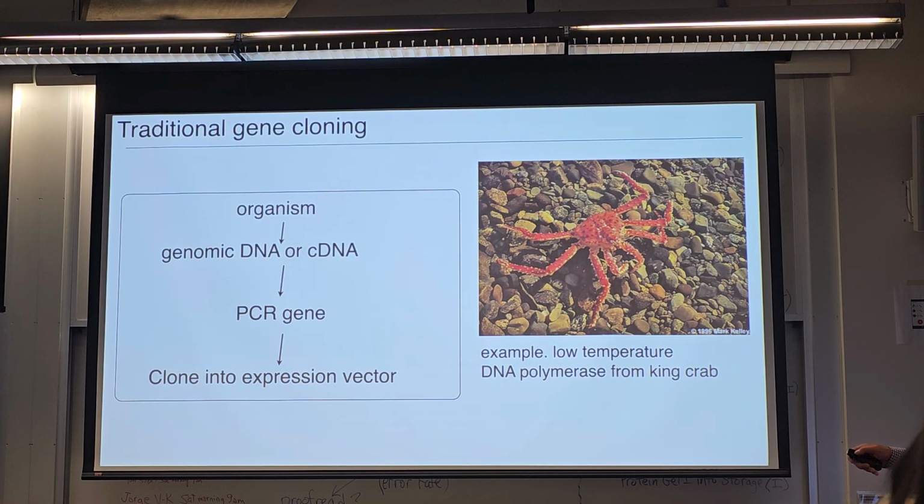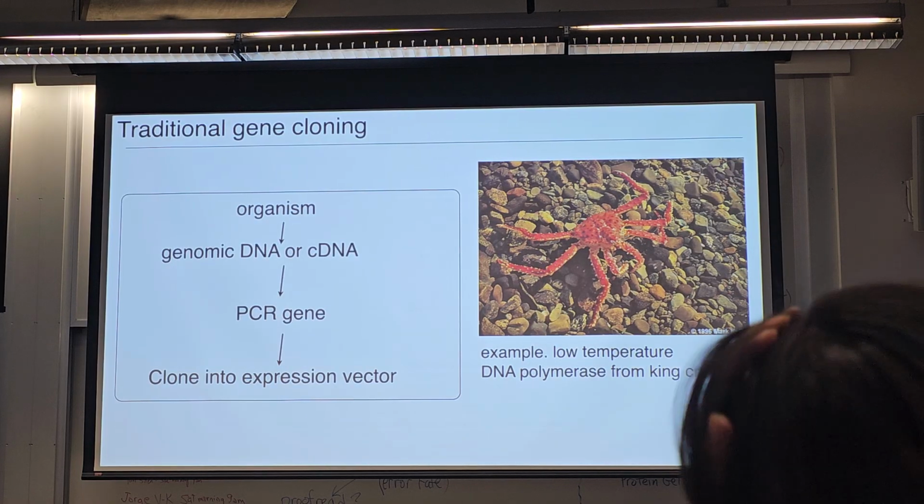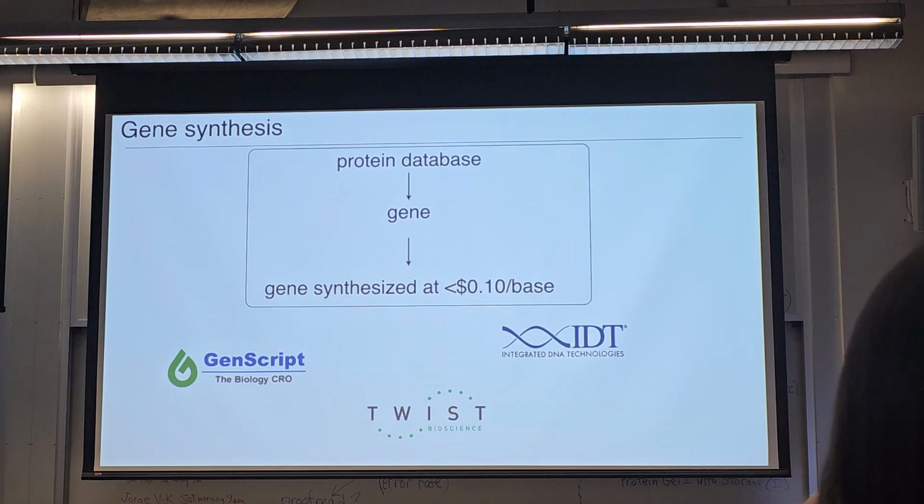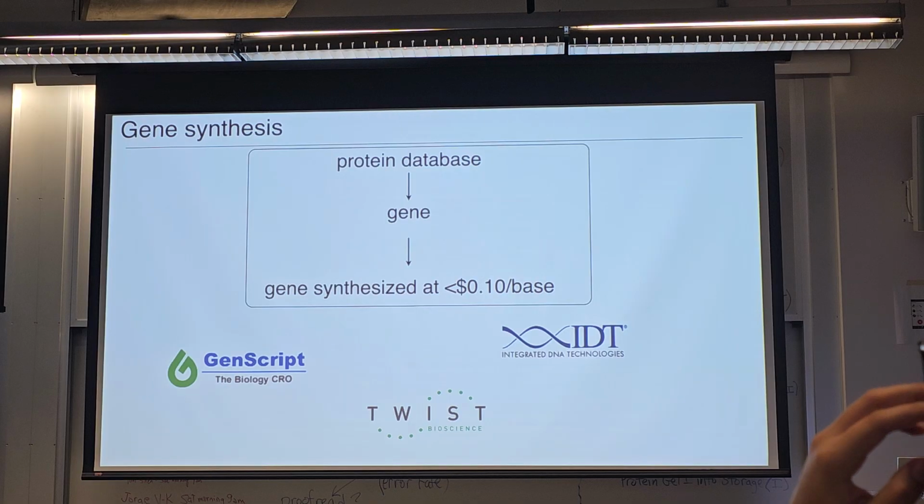So the basis of all this is you have to have the crab to start with to find the crab genes. So what's completely changed is the concept of gene synthesis.